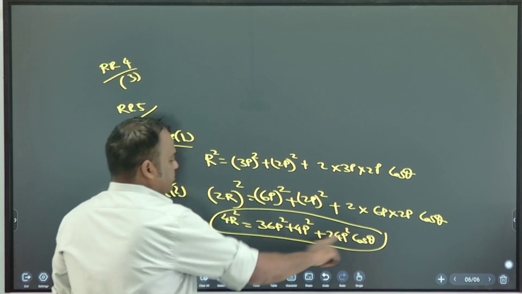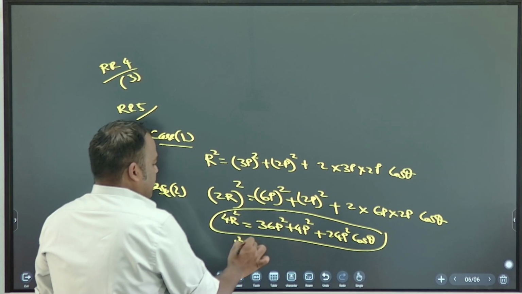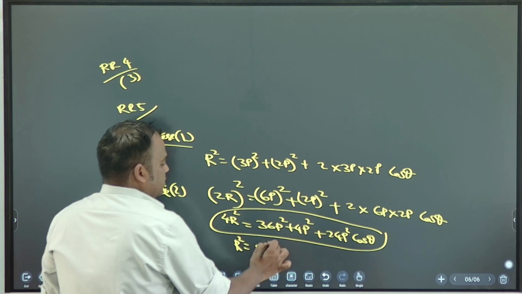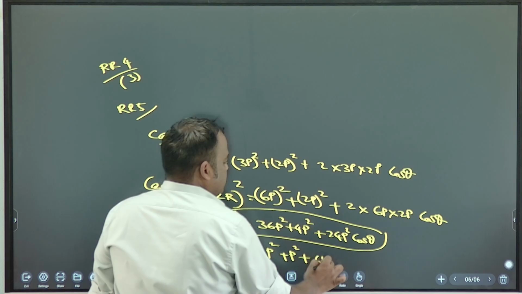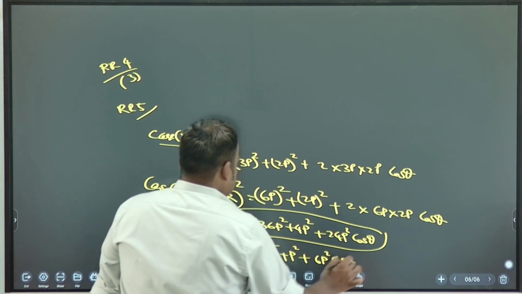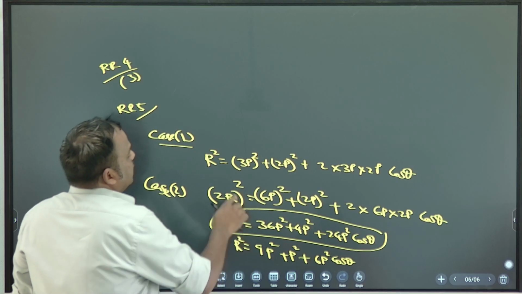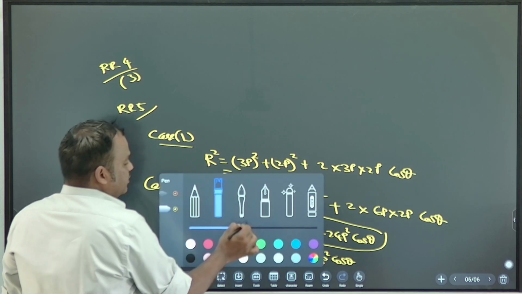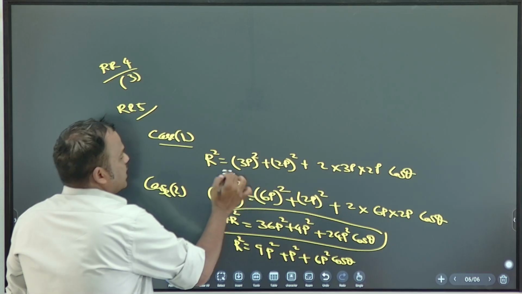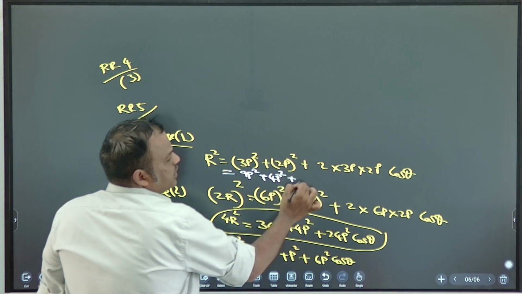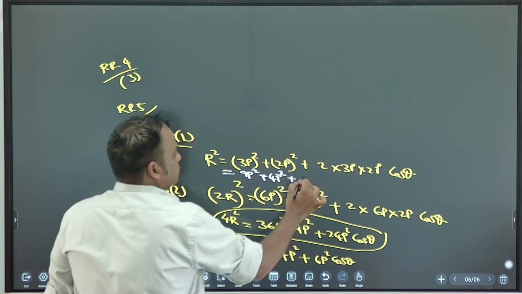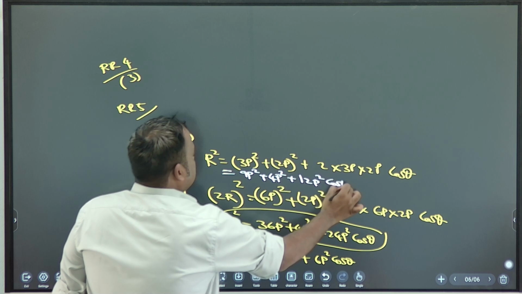Correct? Cancel by 4. So R square is equal to 9P square plus P square plus 6P square cos theta. And what is R square from here? What is R square from here? 9P square plus 4P square plus 6 into 2, 12P square cos theta.